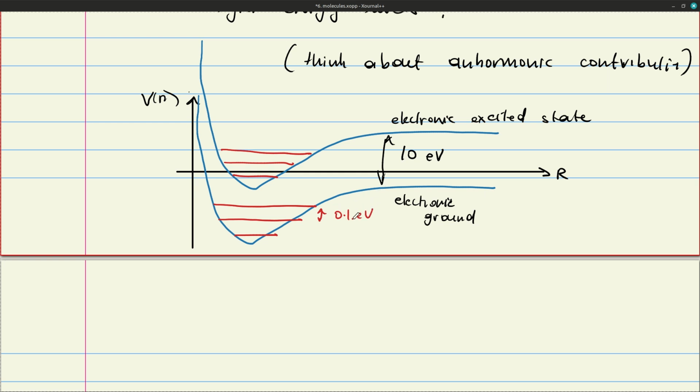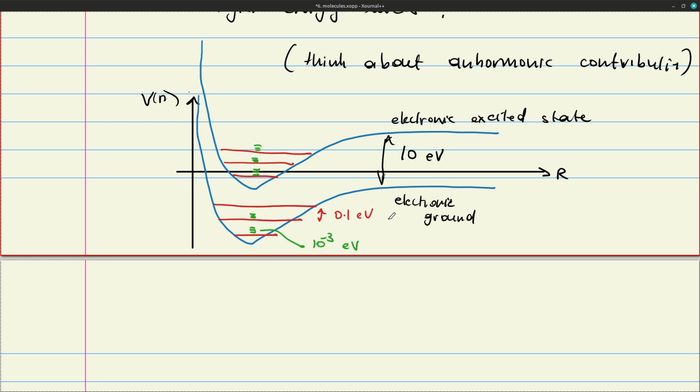And inside each level, there are these vibrational levels, right? They're little tiny, and many of these, right? And these are 10 to the minus 3 eV. So these are rotational levels.